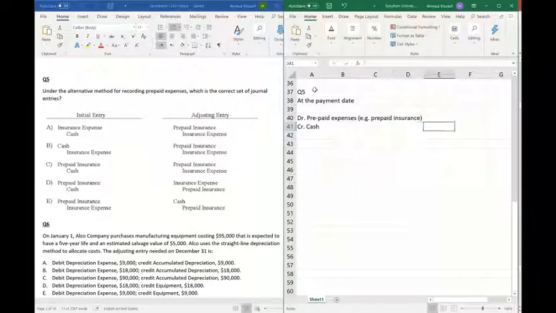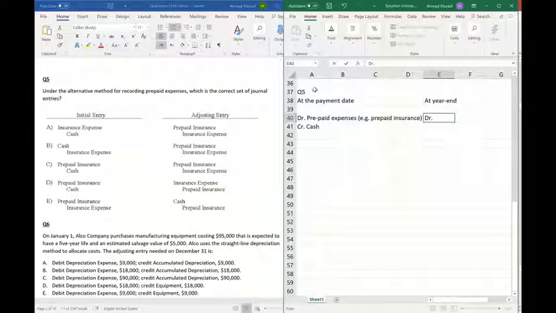When we come to the end of the year, we make the adjusting entry. So at year end, we record the adjusting entry, and the debit side will be insurance expense, for example.